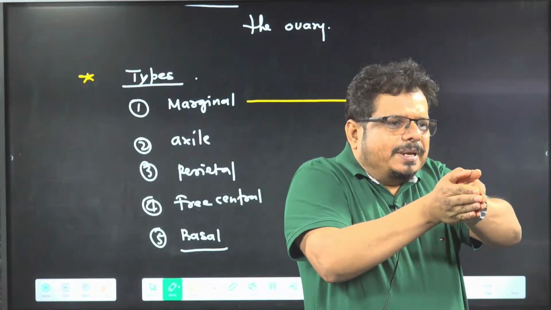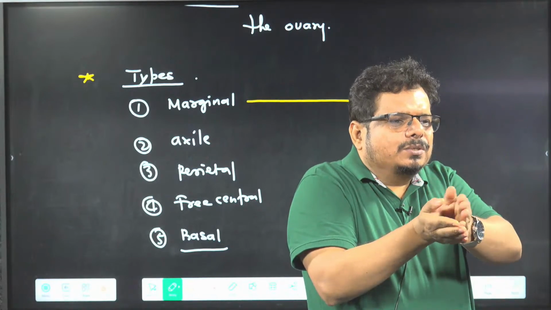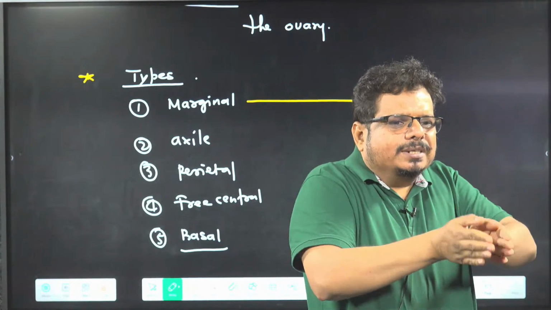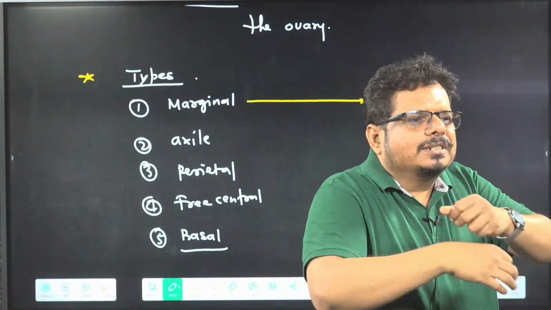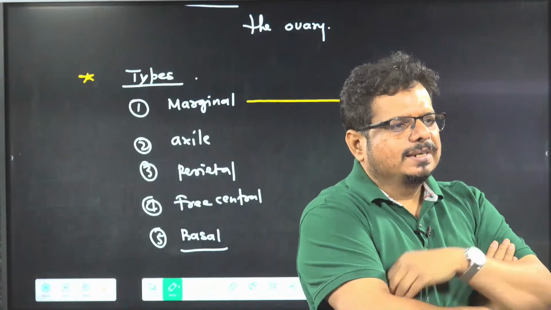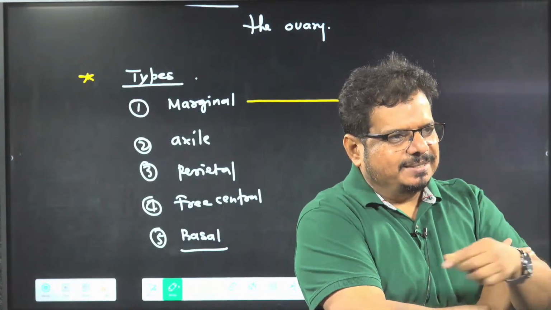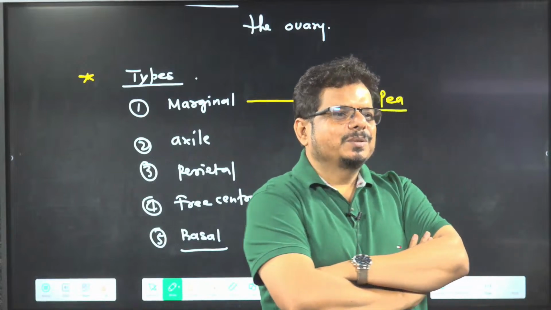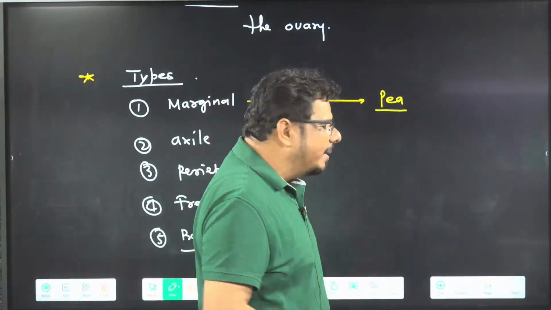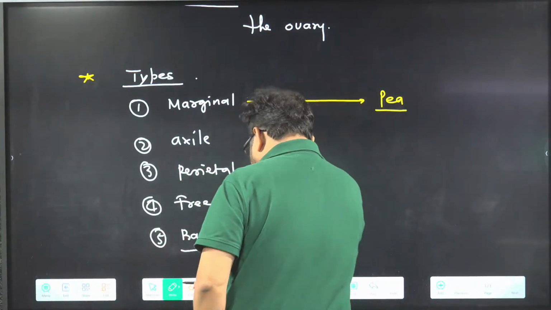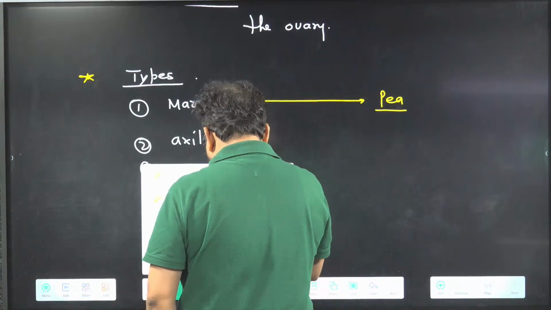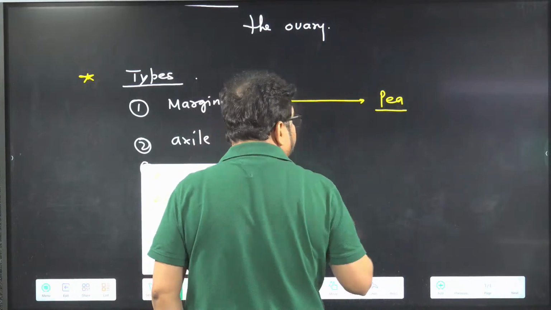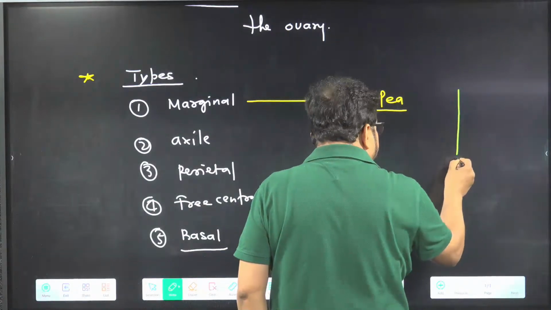The stitches present on the ventral surface are called ventral sutures, and those present on the dorsal surface are called dorsal sutures. Sutures means stitches. Clarity came? So I'm just drawing a rough sketch here. You will understand better. Have a look. Give your attention.